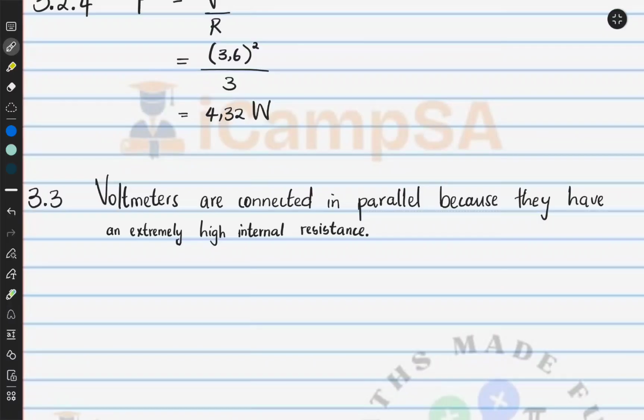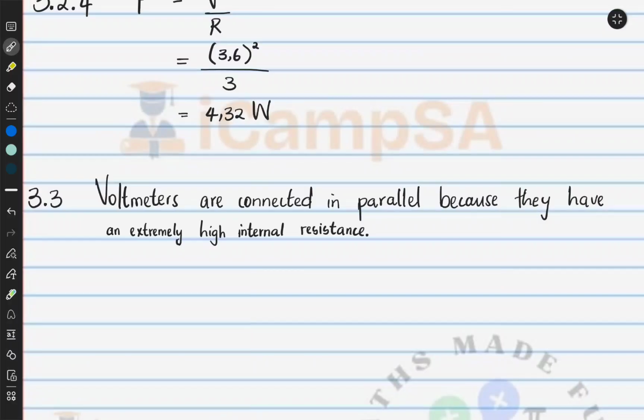But if you were to further elaborate, you would say, well, connecting them in parallel allows them to measure the potential difference across a component without drawing any significant current away from the circuit branch, right? And then it therefore keeps the total current of the circuit unchanged.